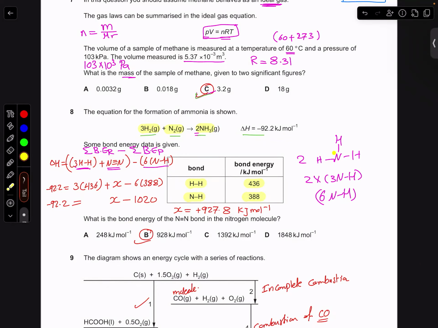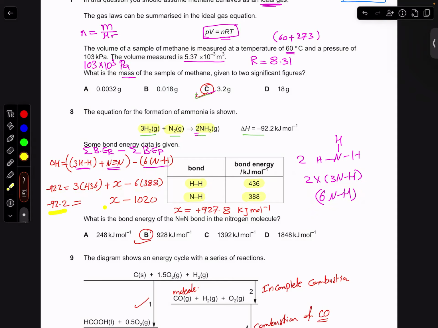Why 6 N-H? Because ammonia is NH3, as you can see here, 1, 2, 3 bonds. So these 3 N-H bonds, we multiply by 2 because we have 2 ammonia. So we have a total of 6 N-H. So substitute: minus 92.2 equals 3 times 436 plus X minus 6 times 388, which is the bond energy of the N-H.